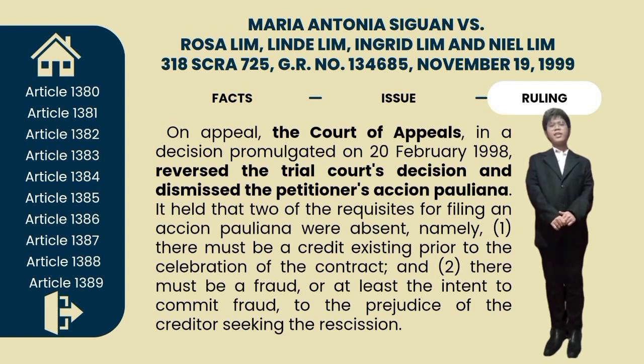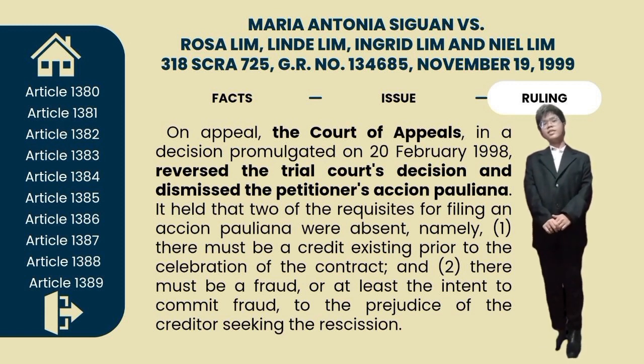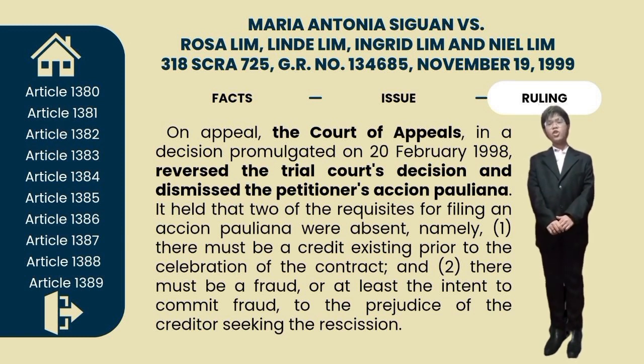Furthermore, Article 1383 of the Civil Code provides that the action for rescission is a subsidiary remedy that cannot be instituted except when the party suffering damage has no other legal means to obtain reparation for the same. The term subsidiary remedy means the exhaustion of all remedies by the prejudiced creditor to collect claims due him before rescission is resorted to.